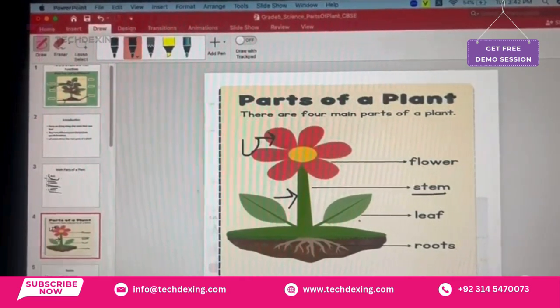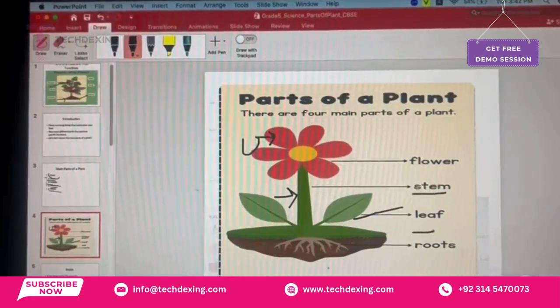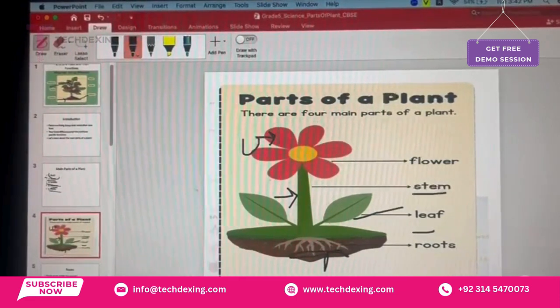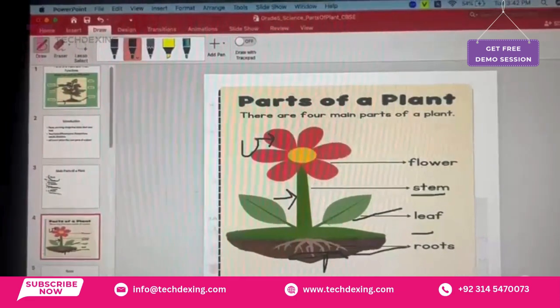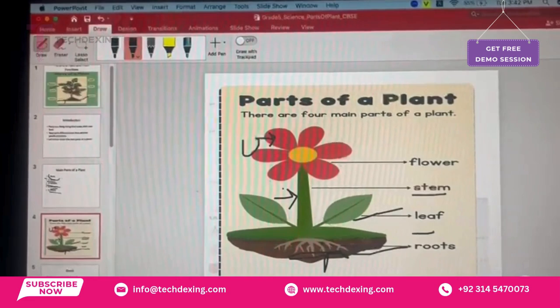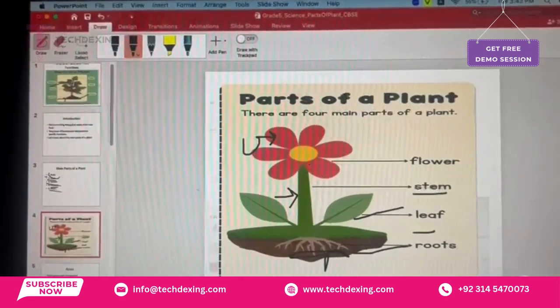Stem. Then we have this green part, leaf. Then these parts, these all are known as roots. Flower, stem, leaf, roots.